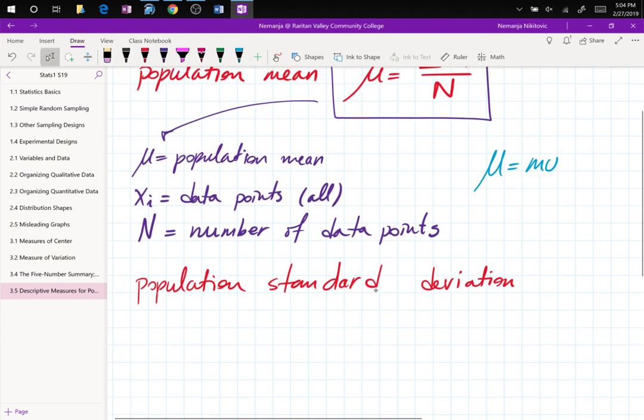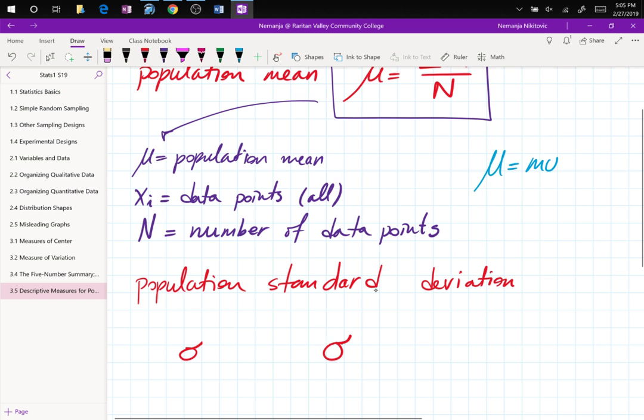Now, population standard deviation. The formula is a little bit different. There is no -1 in the denominator. So, sigma, it's like an O with one horn. The other horn is missing.